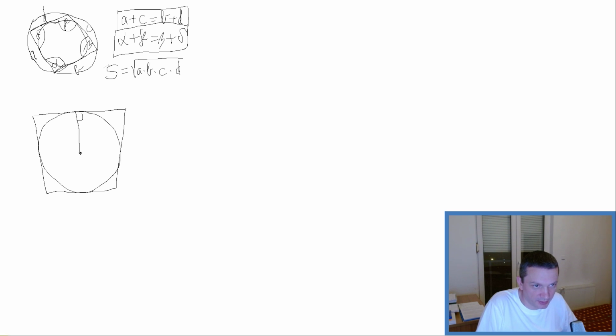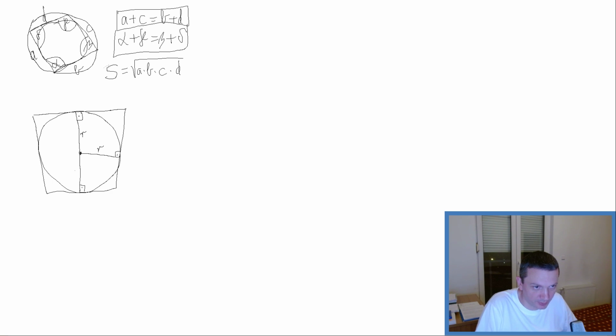This is the radius, this is the right angle, so we have perpendiculars to all the other sides, and r is the radius again.